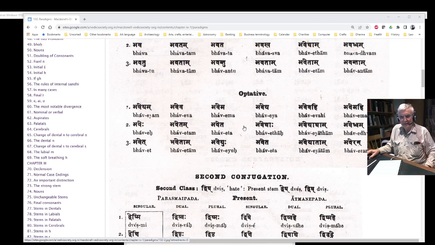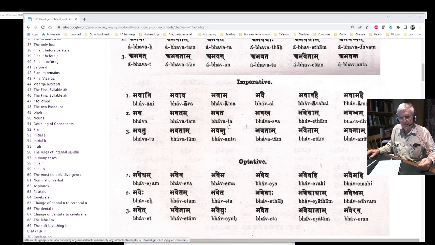The ema, eta, notice eta without the aspiration there. It's bhavata with aspiration in the indicative, but in the imperative in Pali, bhavata has the aspiration in the imperative. Appamadena sampadeta, the aspirated ta. But in Sanskrit, it's the unaspirated ta for the imperative second plural.